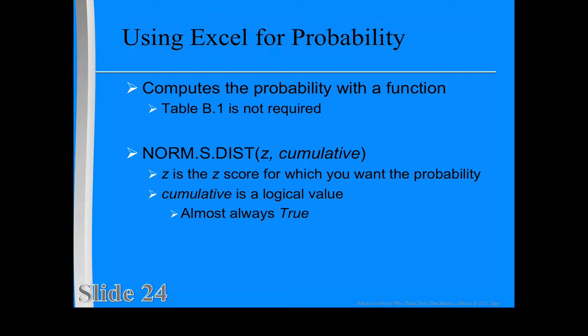Using the NORMSDIST function, which is a part of any spreadsheet application, Excel or OpenOffice, Mac, Apple, Windows, or Linux, it's all the same, although you might sometimes see it also called NORMDIST in some of those other spreadsheets.